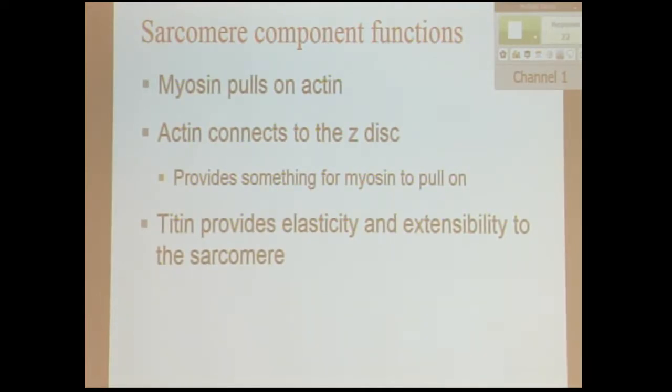All right, so let's talk about how that structure we drew makes your muscles actually move. So it's really simple. Basically, the myosin, this red part here, grabs on actin and pulls on it, kind of like you're pulling on a rope, which we'll do in a second. And because actin's attached to the Z disc, if myosin pulls on all these ropes, what happens to these Z discs? They'll get closer together.